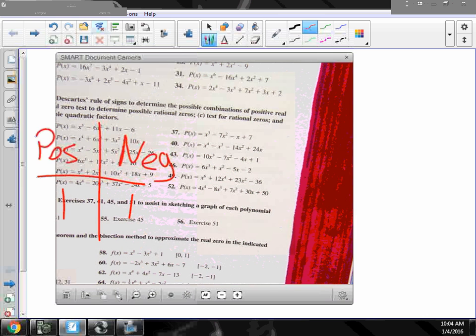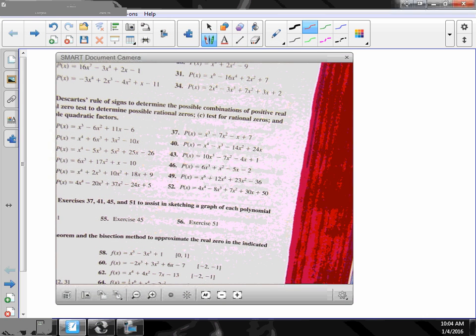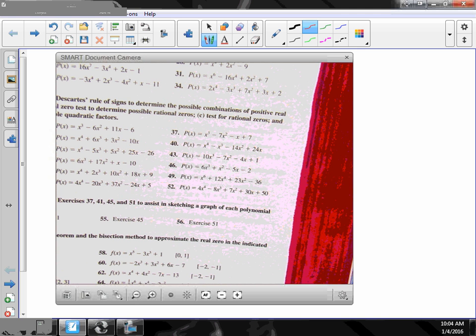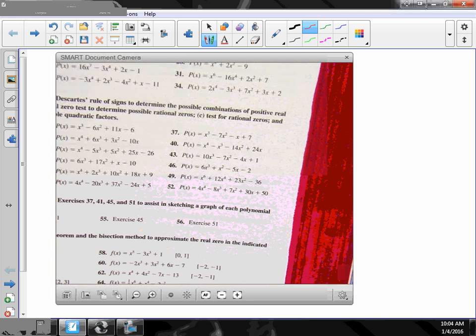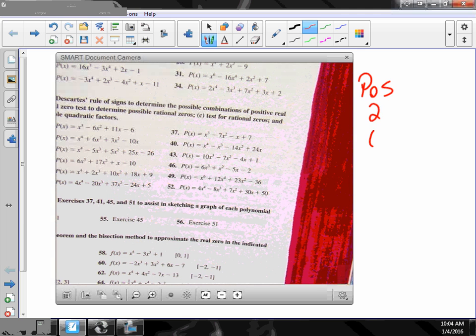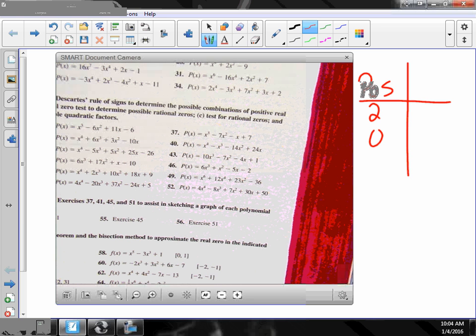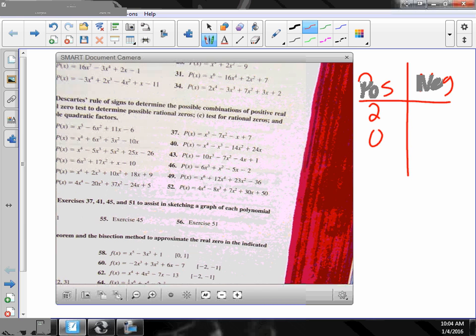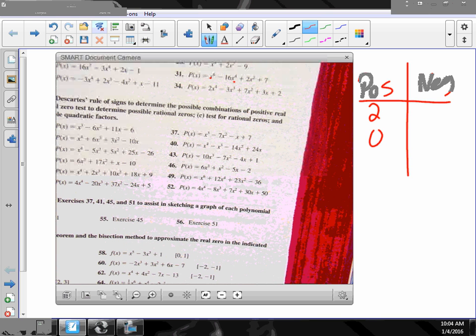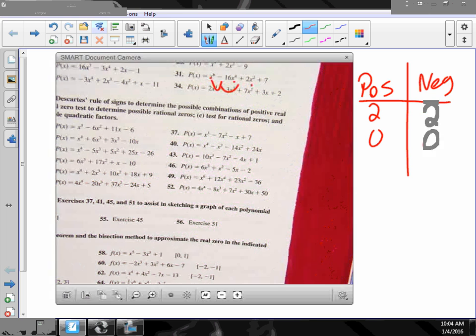31. How many positive sign changes are there? 2. So positive is going to be 2 or 0. And negative, that would remain unchanged, unchanged, unchanged. So we'd still have 2 or 0.